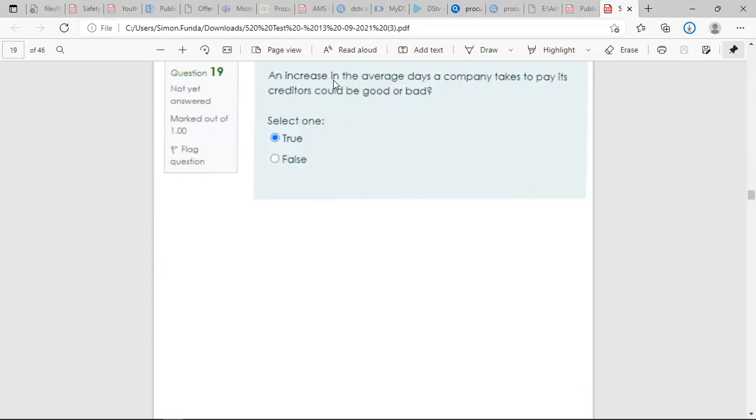So you can also say that the extended credit period will improve our cash flow as a business, because the money that we are supposed to pay the creditor, we can use it to reinvest or to buy more stock and make profit, as you say.